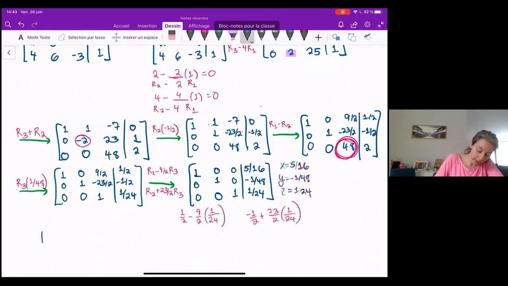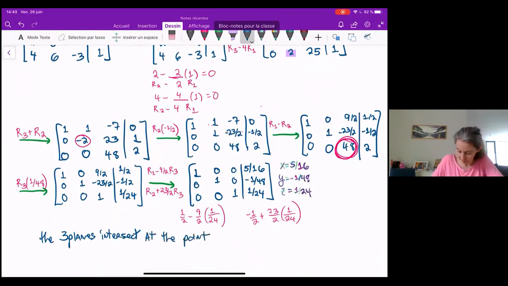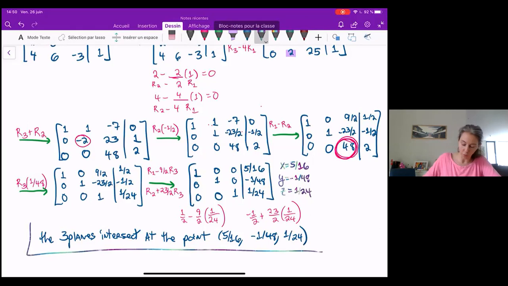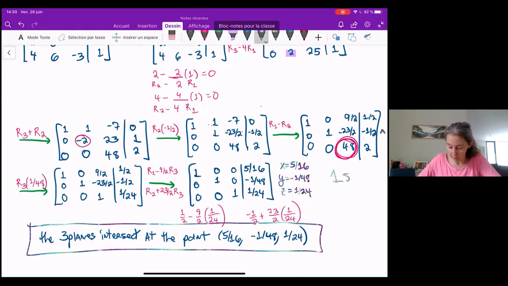So the 3 planes intersect at that point, at the point 5 over 16, -1 over 48, and 1 over 24. And that is my final answer to question 1. There is one solution. That solution is that point.